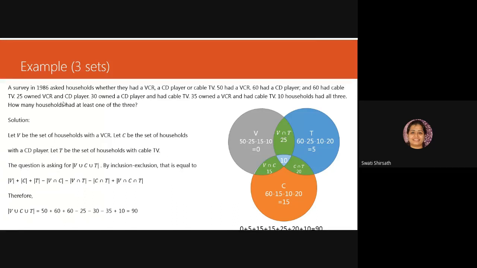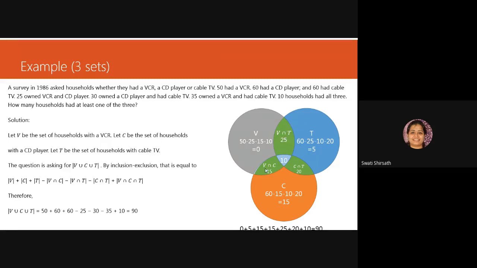V and T, VCR and cable TV. Can someone tell me? It is 35, right? 35, and we want to deduct this 10. What is left? 25. So we got the final value of only V and T.